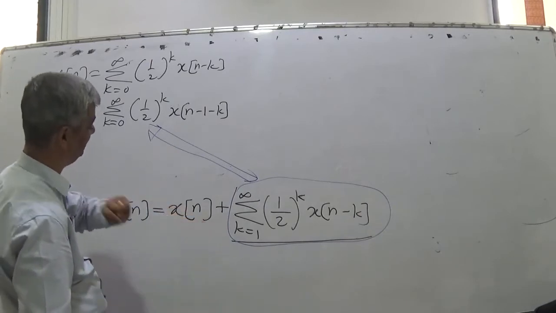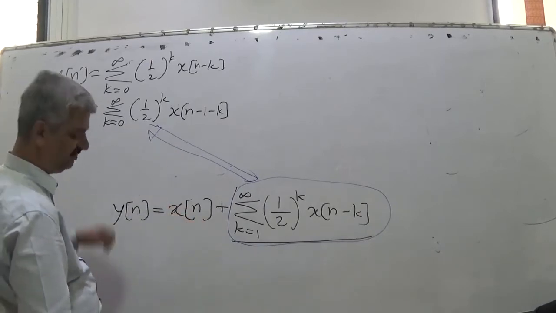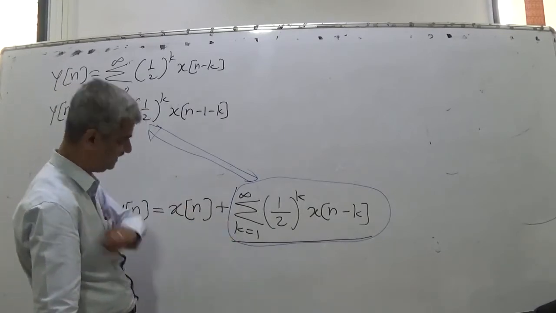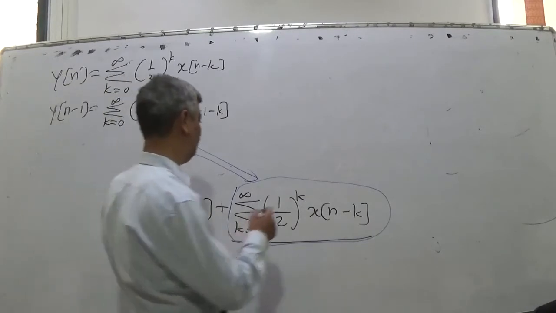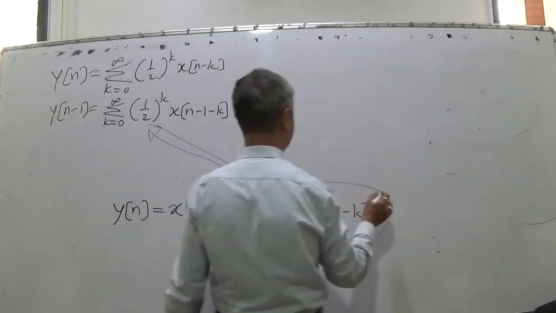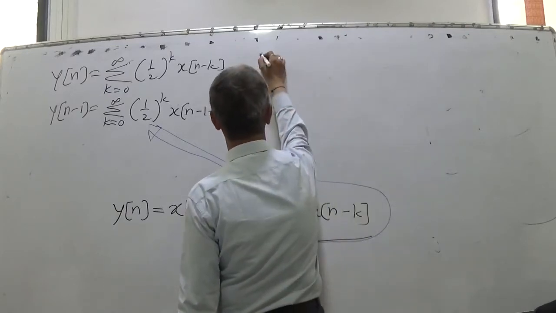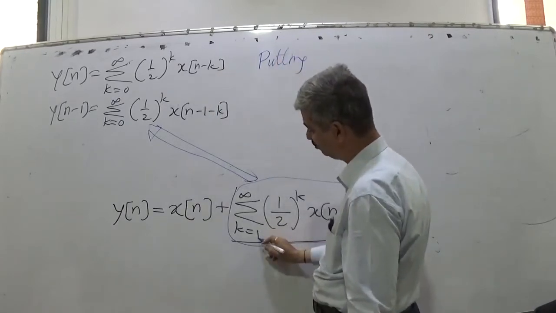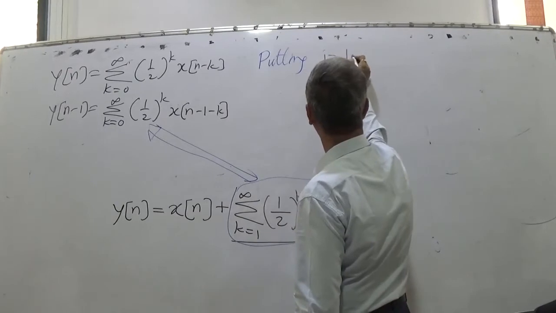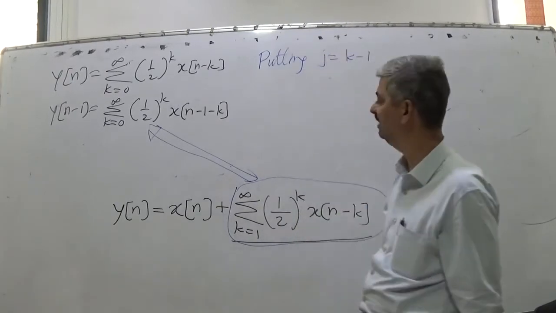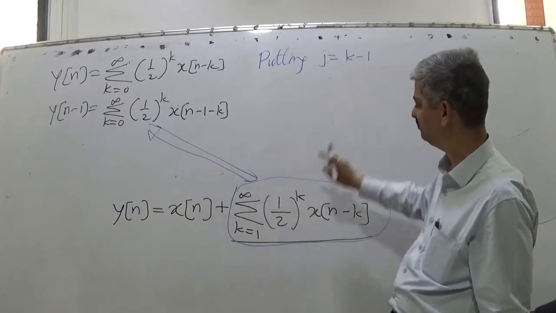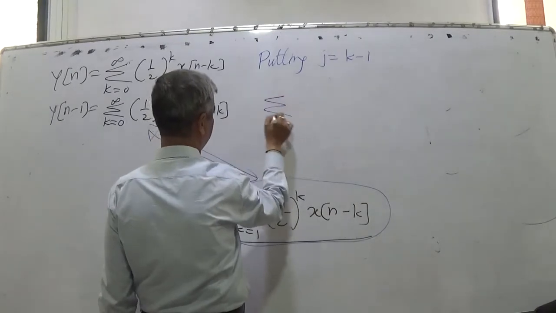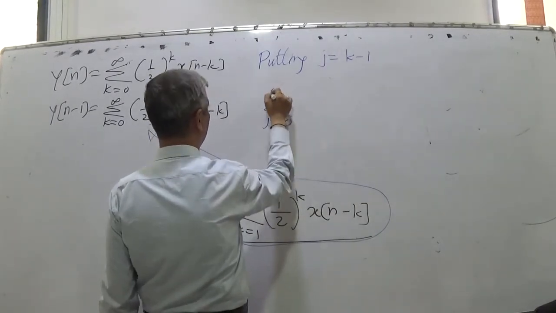How can I equate that? Here I can't separate the term, because if I separate terms again it will go on iterating infinitely. So I will replace the index here. Putting j equal to k minus 1, this expression becomes summation j equal to 0 to infinity.